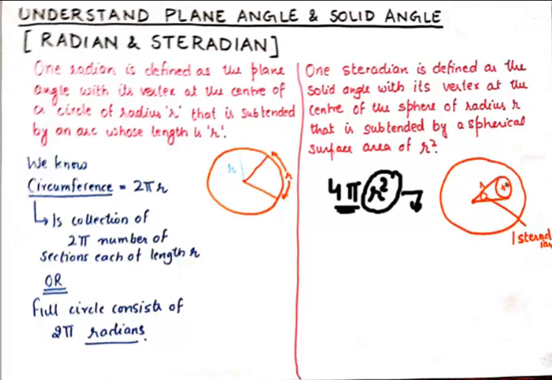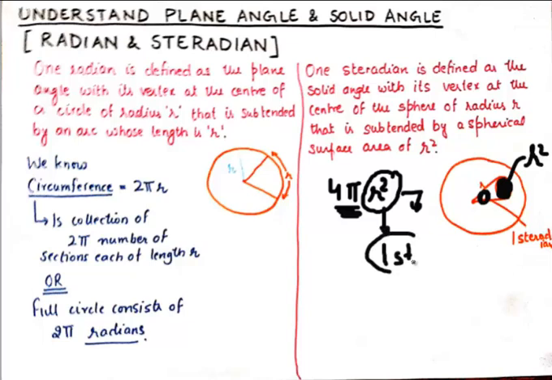So you make up a cone, and this area, this black area here, should be equivalent to r square. It's pretty simple. And the solid angle that is made by such an arrangement is known as 1 steradian. And we know that the total surface area of the sphere is 4 pi r square, and this r square will subtend 1 steradian.